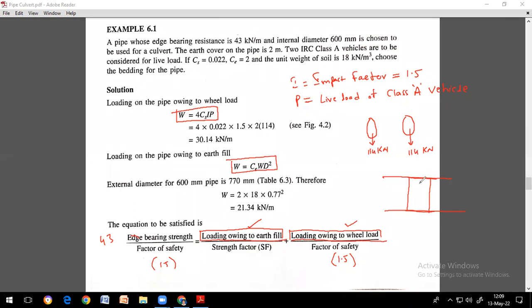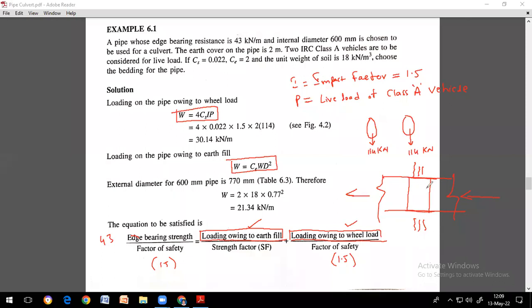So let us consider this as a road. Vehicle is moving like this. This is the pipe culvert which is placed below the ground, below the road. How many tires can I place on a pipe culvert?